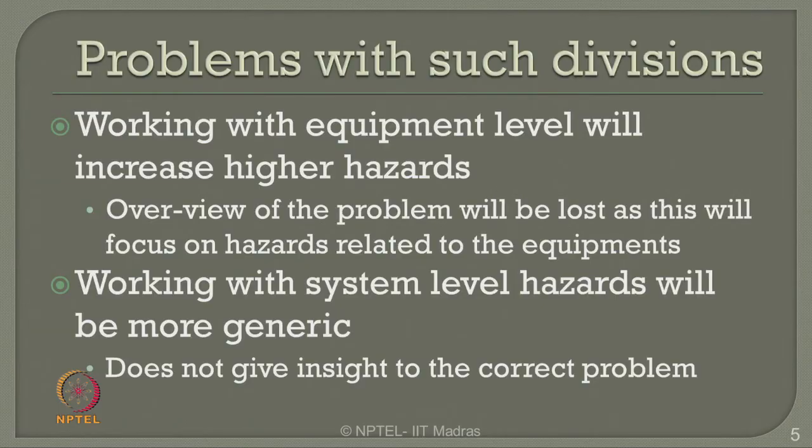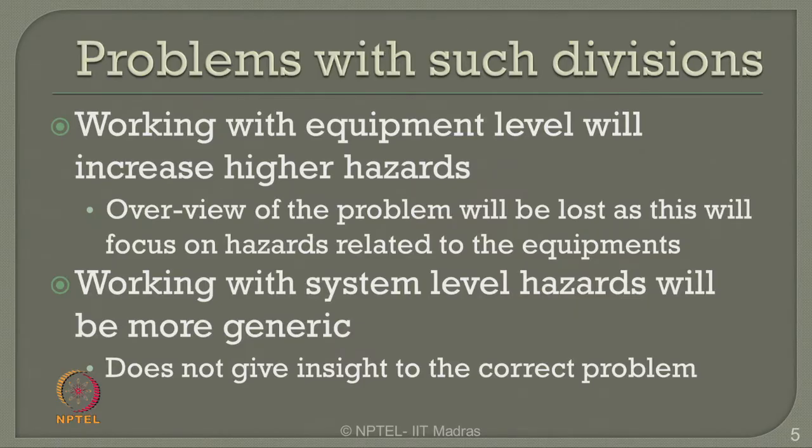When we talk about system level, the next level, working with it has some problems because the hazards in this particular level of study will become more generic. Therefore, these kinds of studies, as they are globally connecting both equipment and subsystem level, will not generally give detailed insight into the correctness of the problem.